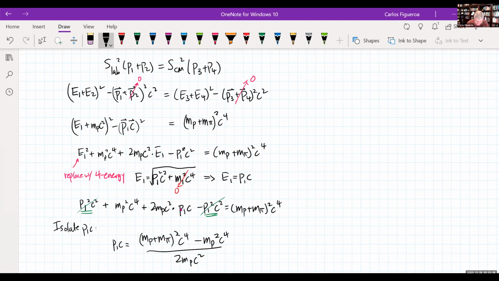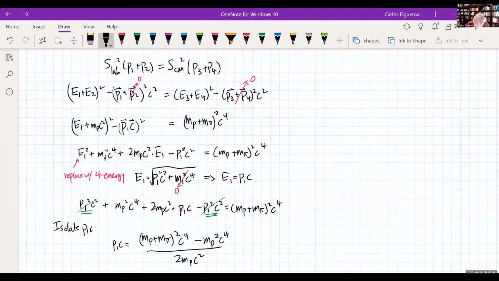Now, I could calculate it this way, but note that if you square out this term, okay, make sure I get my algebra. Is my algebra right? It looks like it is.